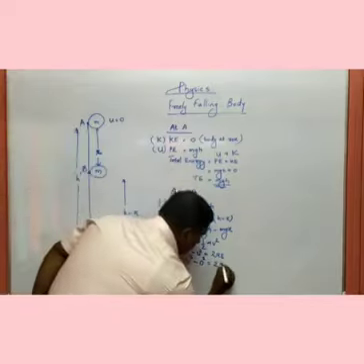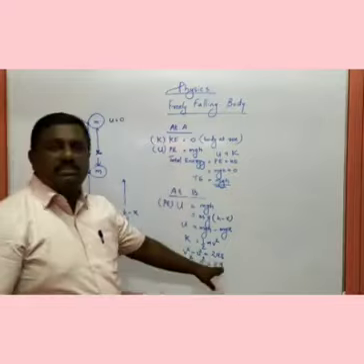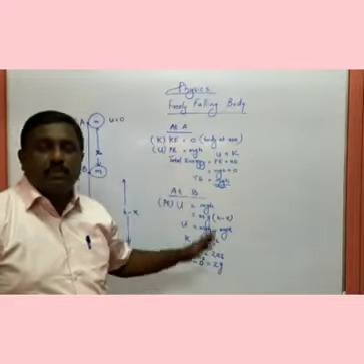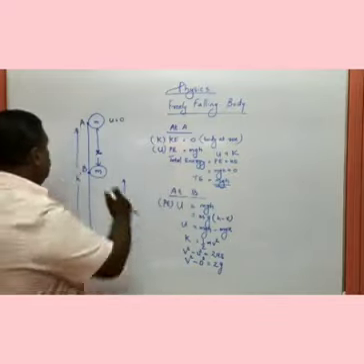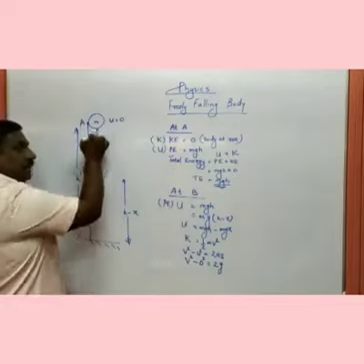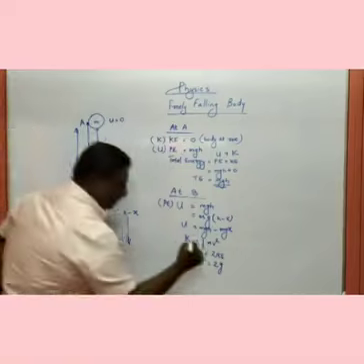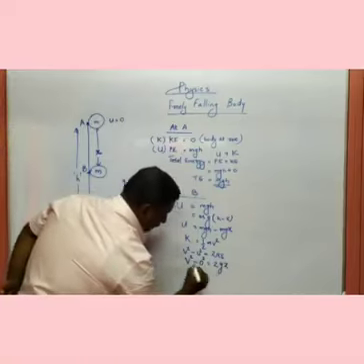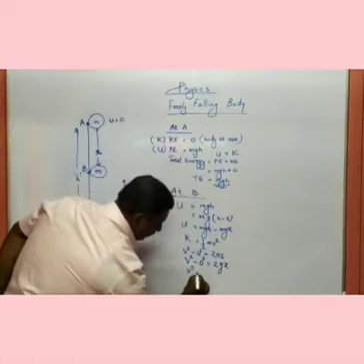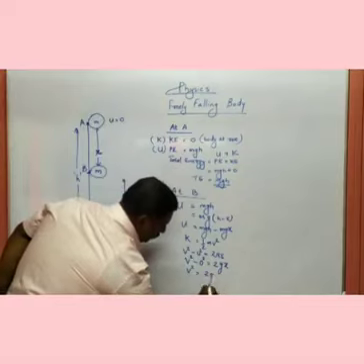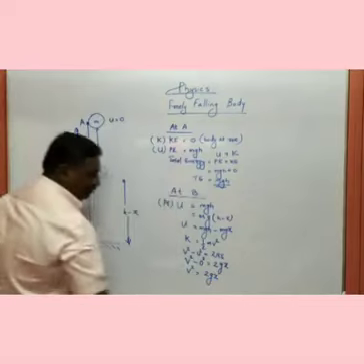Therefore, that is equal to g. And s means the displacement or the distance covered by the body. The body covers a distance x from A to B. Therefore, this is equal to 2gx. That means we got v square is equal to 2gx.